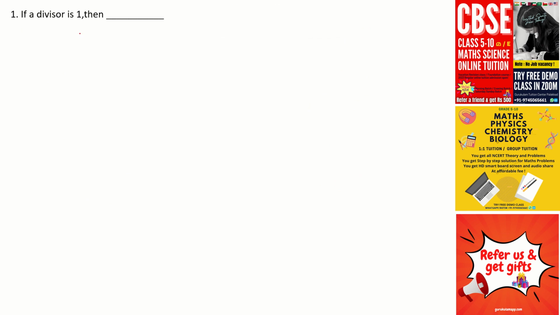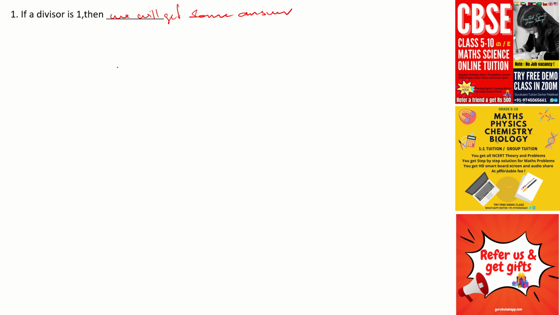If a divisor is 1, then what will be happening? We will be getting the same answer. Just like what?